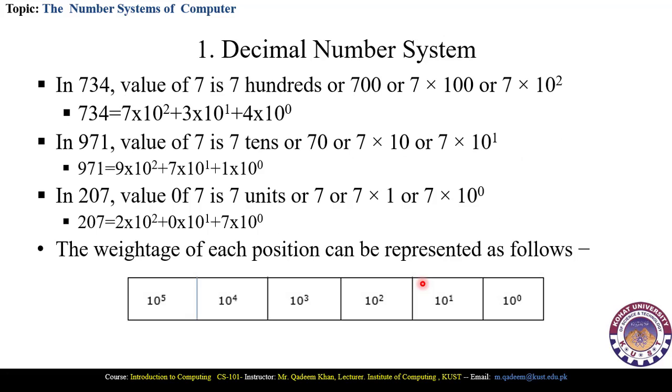There are certain examples of the decimal number system. For example, 734 is one of the decimal numbers. Similarly, 971 is also another decimal number, and 207 is another.